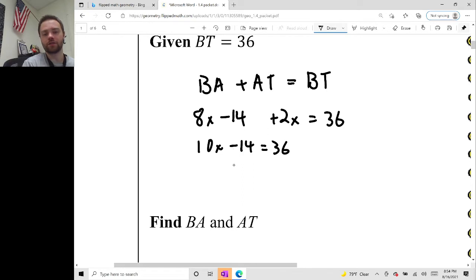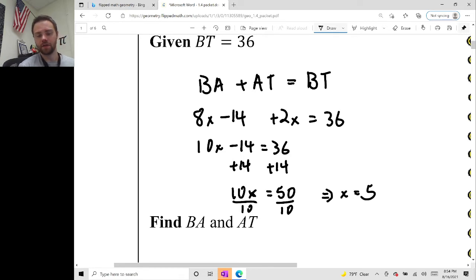So subtraction of 14, the opposite is adding 14. So I'm going to add 14 to both sides. So I get 10x equals 50. So from here, since 10x equals 50, I've got to get rid of this 10. I'm going to divide both sides by 10. So that gives me that x equals 5.